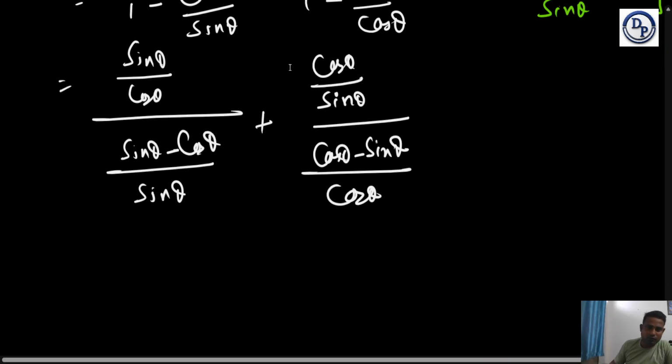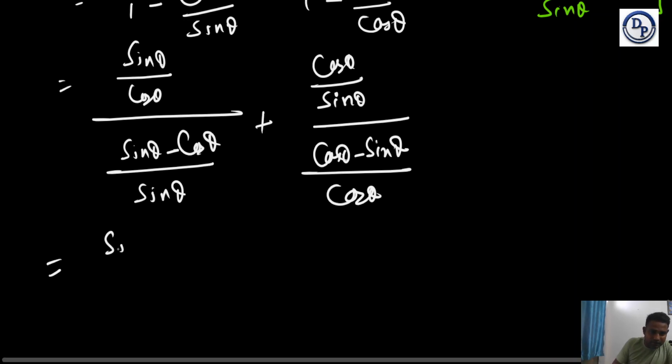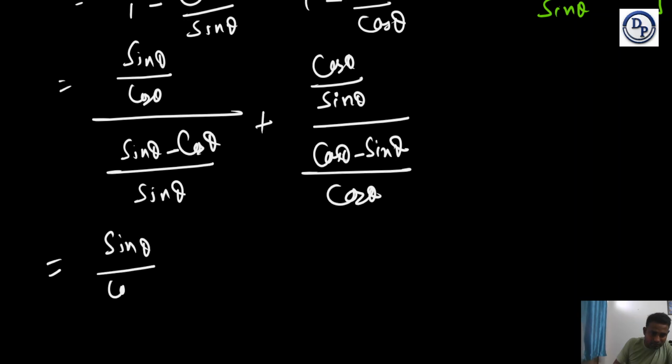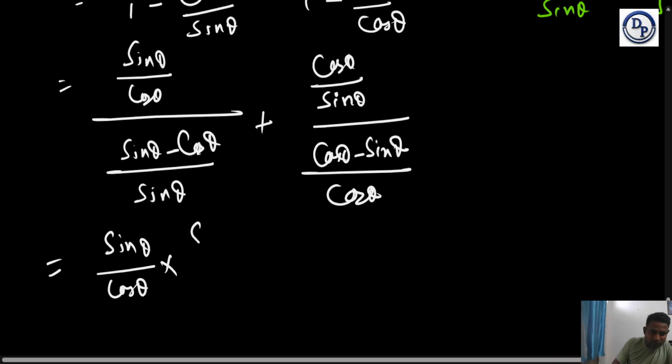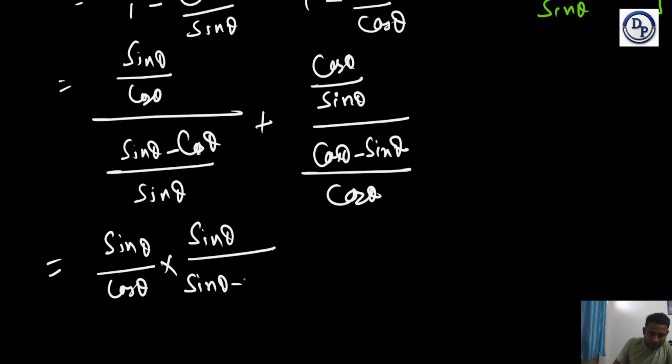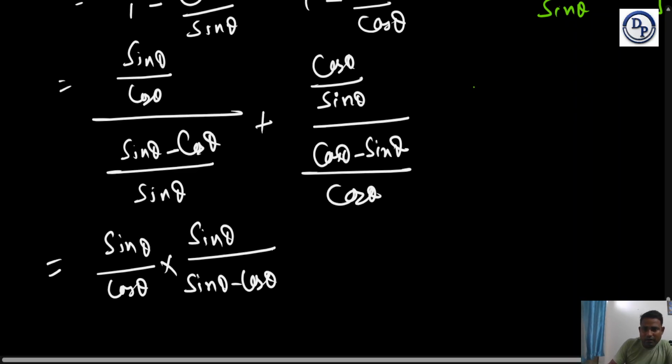Now next what we do, we simply divide them. What we get after division is sin theta by cos theta into sin theta here and sin theta minus cos theta here. Why did we do it? In junior classes we studied what to do if we have 3 by 2 divided by 4 and 6 by 8.